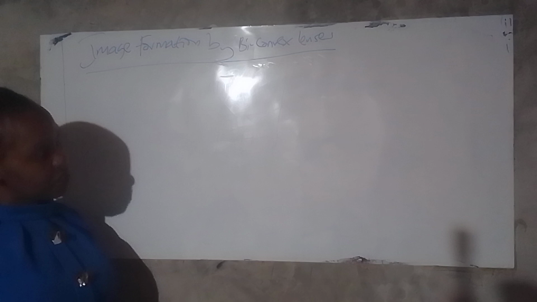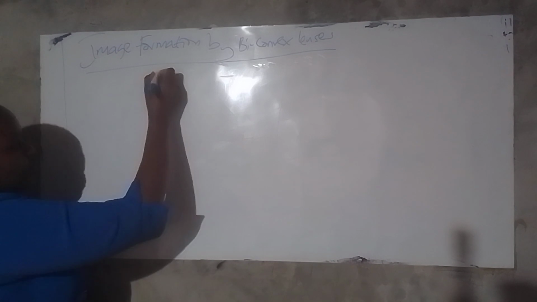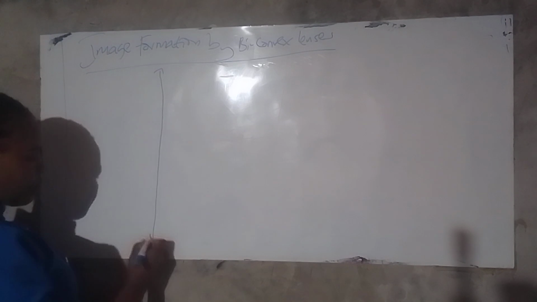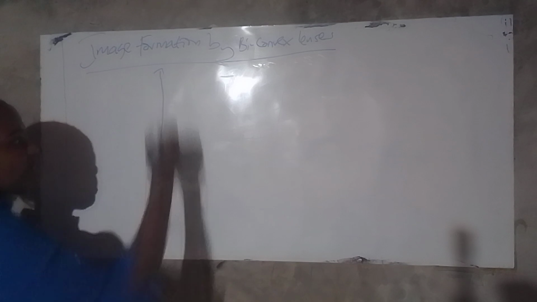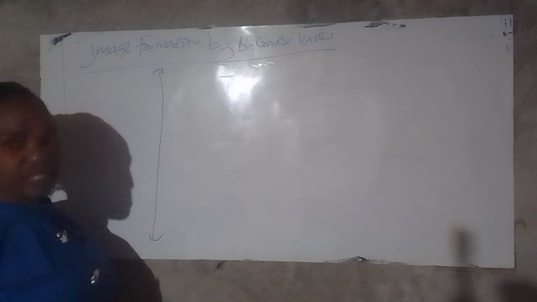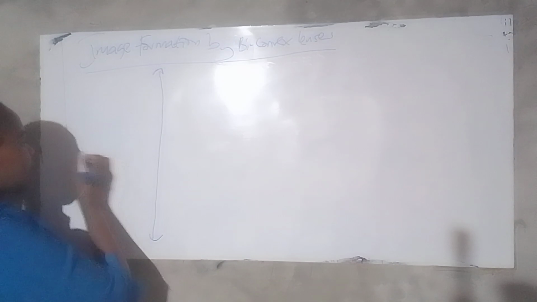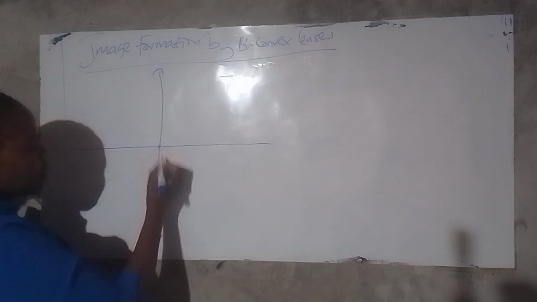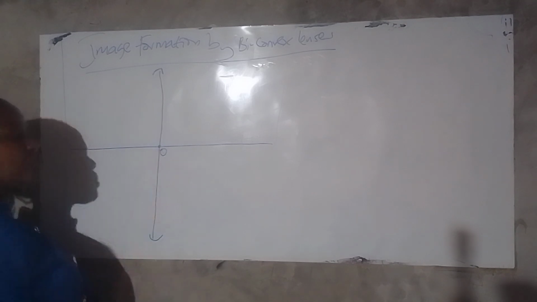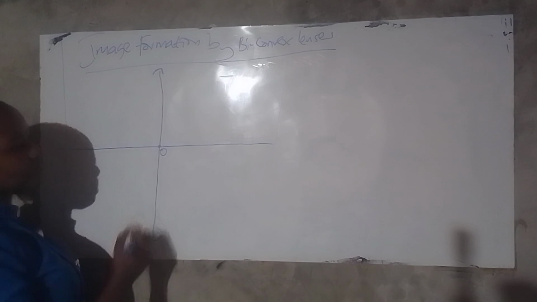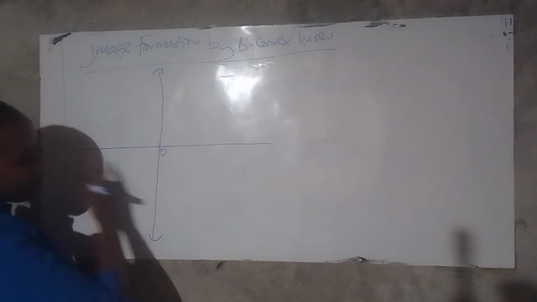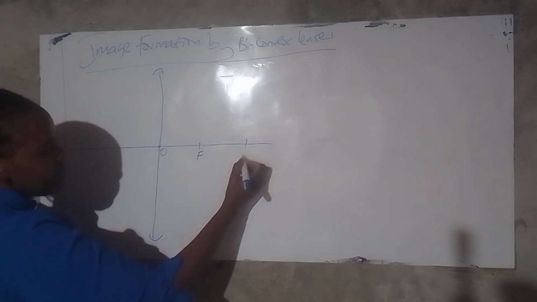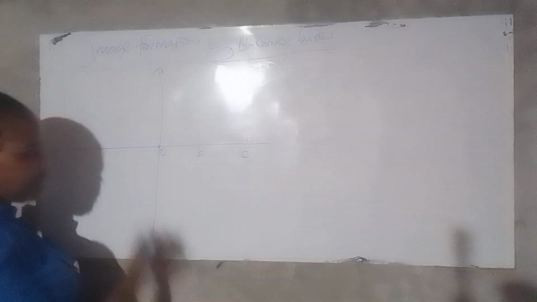So we said when we are drawing a lens, we don't draw the whole of it, we just draw a vertical line. Then on top and below, we indicate the kind of lens that we'll be using. The other thing we drew was the principal axis, which is a horizontal line perpendicular to the lens, passing through the optical center, passing through F, and passing through the center of curvature.